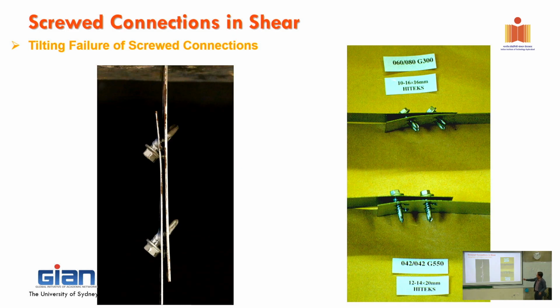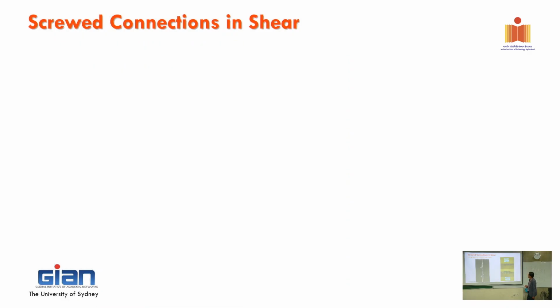He did his PhD 30, 40 years ago. All his tests on screws were used for calibration of the Australian standard equations for tilting and bearing, so that is all based on his work. Just something to share with you about what is behind those equations. It's very good work from Professor Colin Rogers.